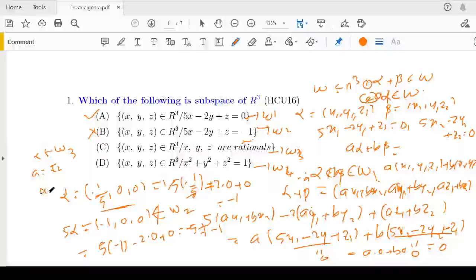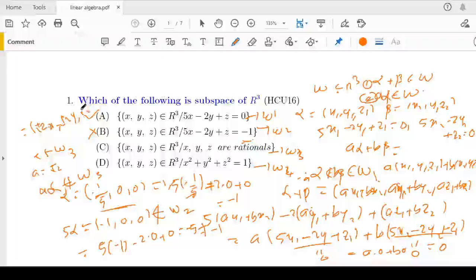Then a times alpha does not belong to W3, since a times alpha is (root 2 x, root 2 y, root 2 z). Here x, y, z are rationals, but root 2 x is an irrational number. Therefore this does not belong to W3, so option C is also not a subspace.